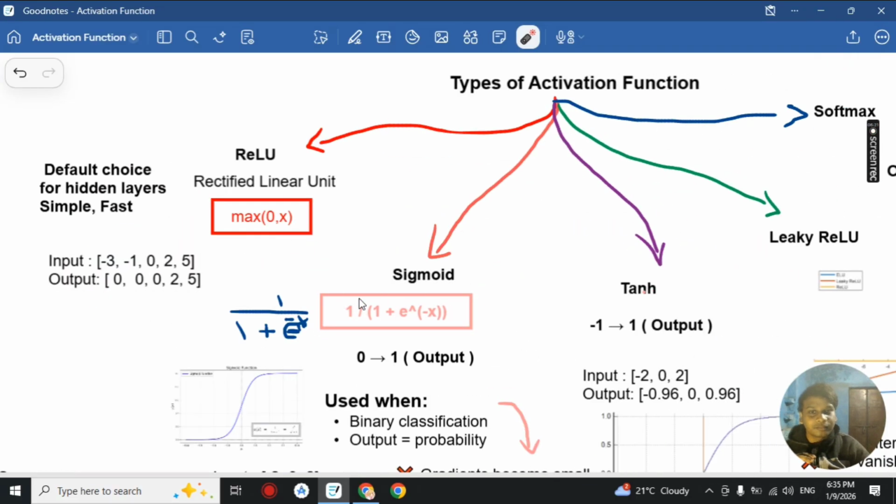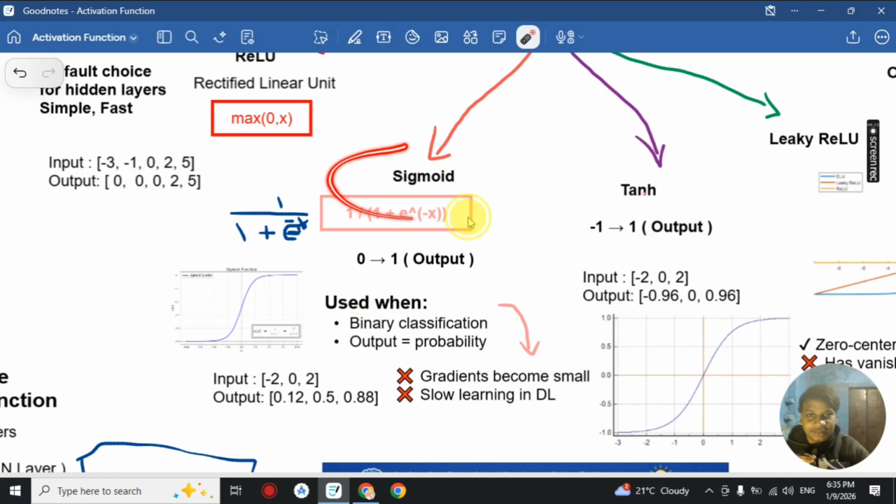Then we have our sigmoid function, which is 1 divided by 1 plus e to the power -x. This gives an output from 0 to 1.